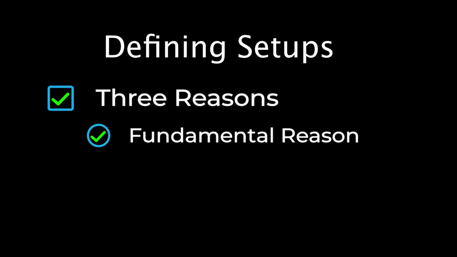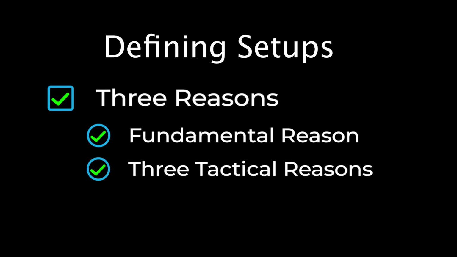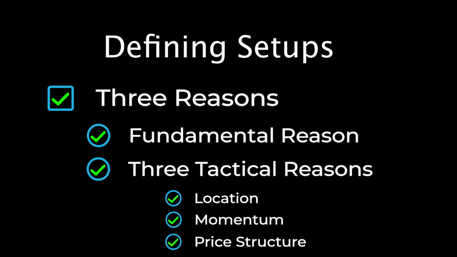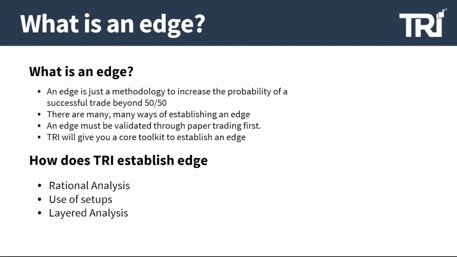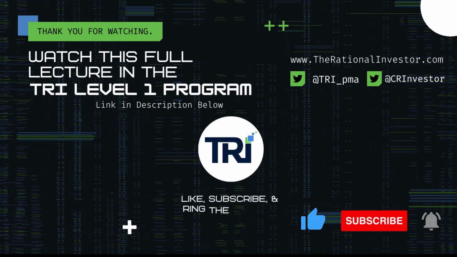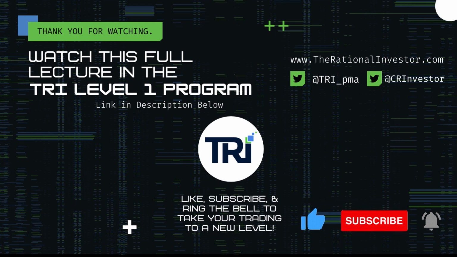We have typically 3 different technical reasons, and those technical reasons fall typically into 3 camps: location, momentum, and price structure. And it's going to take us a few weeks, but we're going to go through what all of those things mean. But remember in your head, location, then momentum, then price structure. Okay, because we're going to be doing a lot of that.